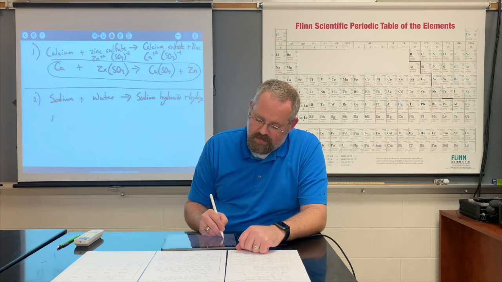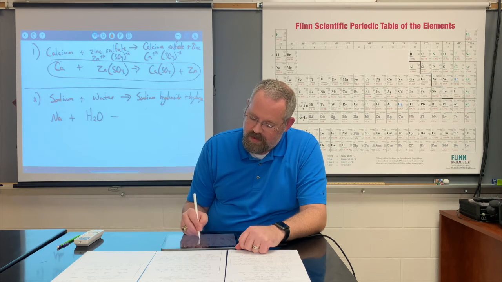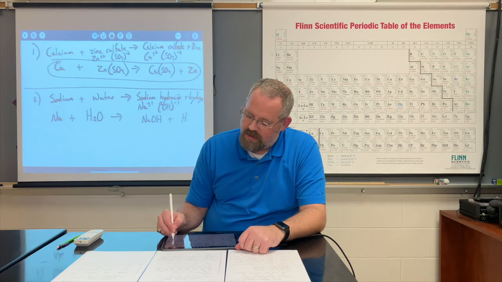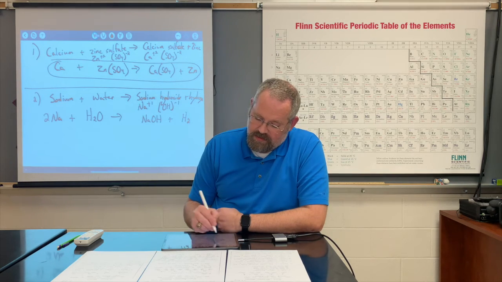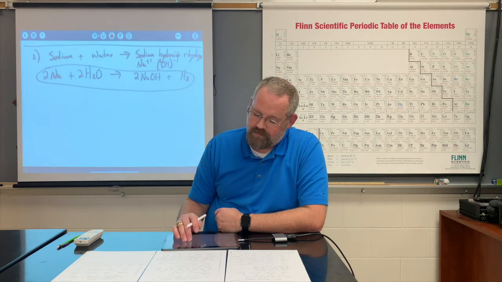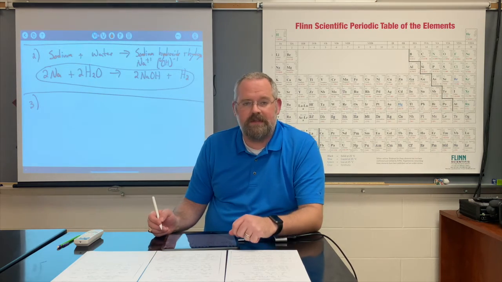So sodium, Na, plus water, H2O, yields sodium is +1, hydroxide is -1, I get NaOH plus hydrogen, diatomic H2, and to balance this, it's going to be 2 sodiums, 2 waters, and 2 sodium hydroxides.